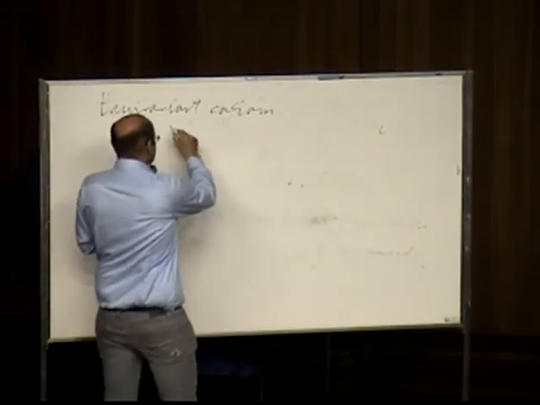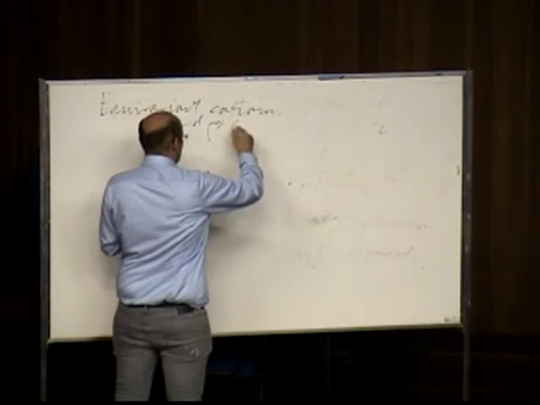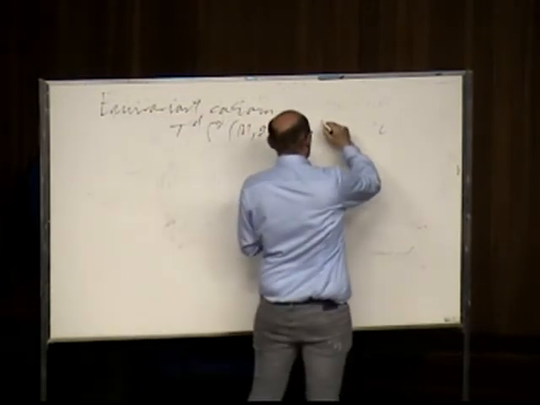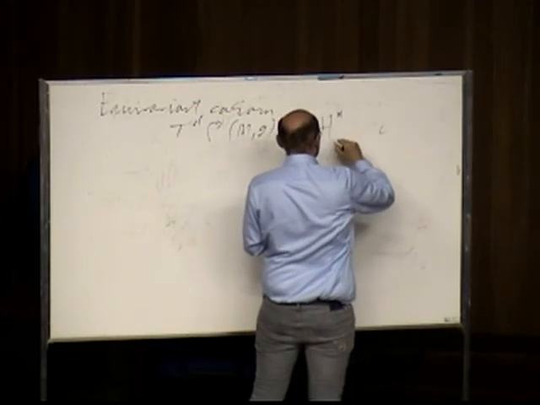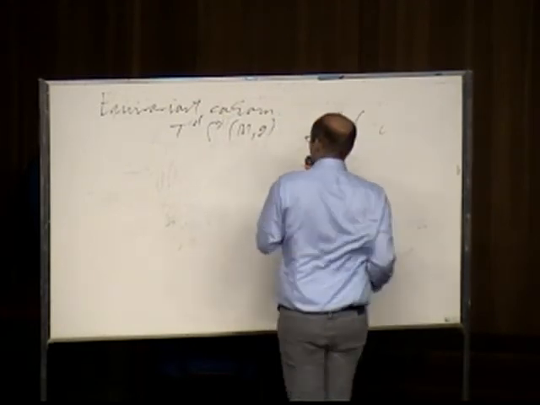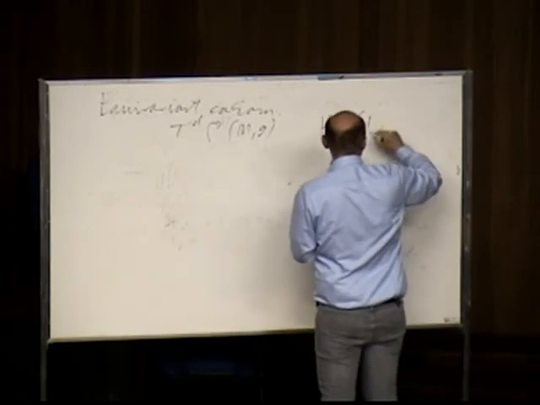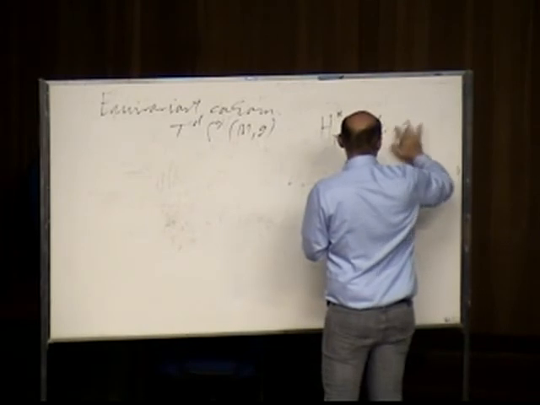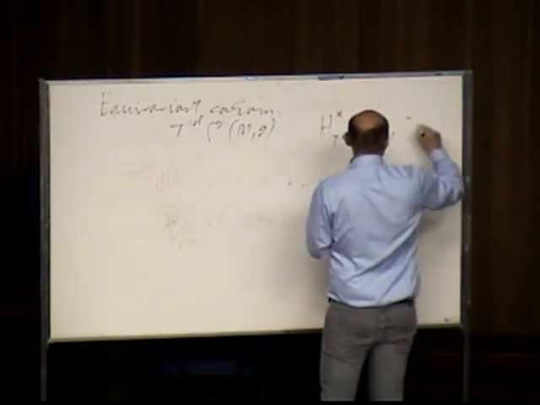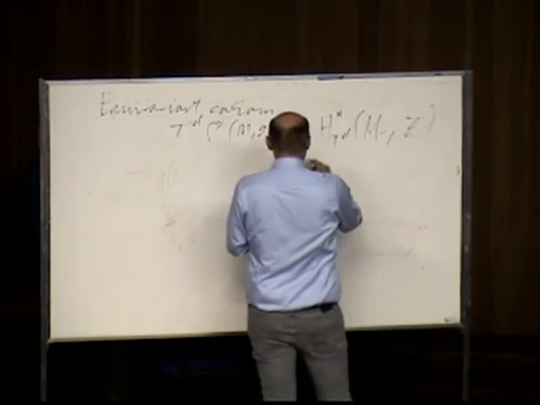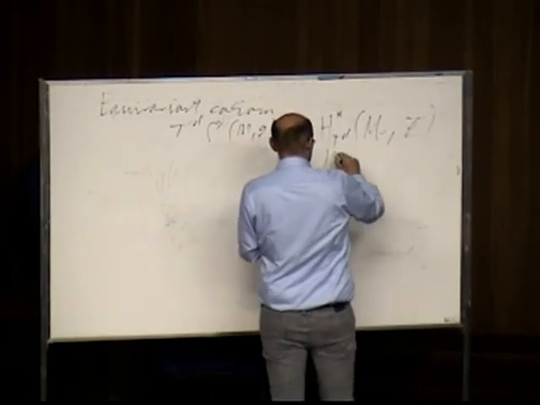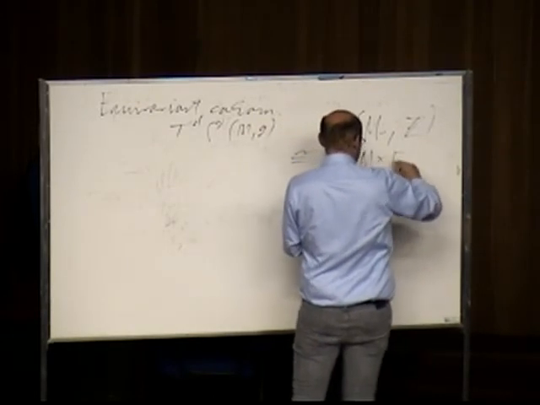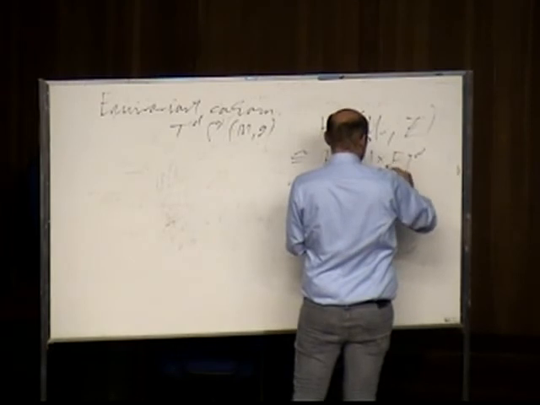So if we have a torus action on a manifold, then one looks at the cohomology H star of M cross T^d, with whatever coefficients, that's given by the H star of the Borel construction. So you cross it with a classifying space and divide out the torus.